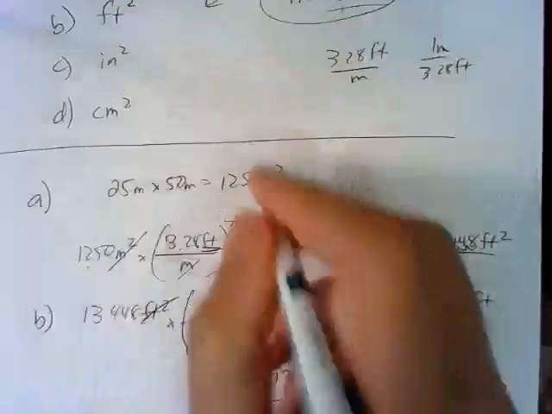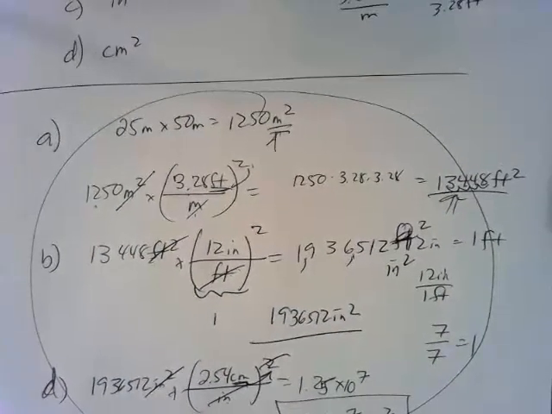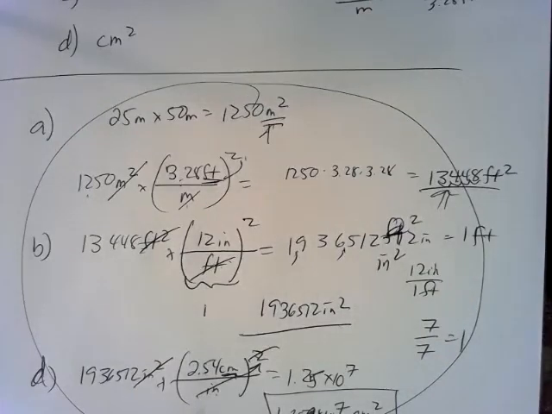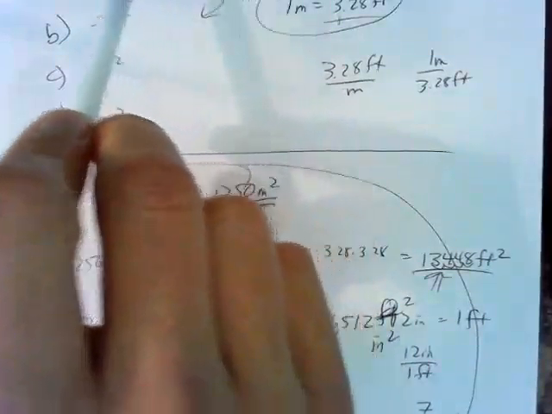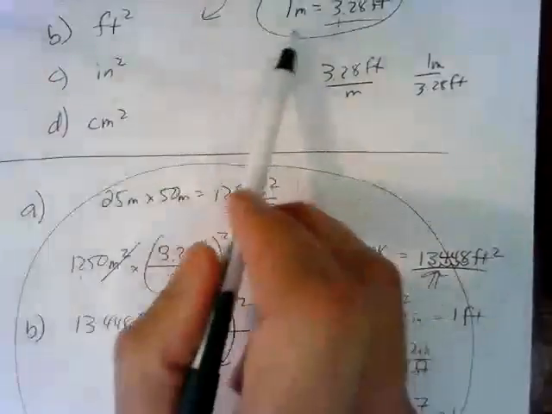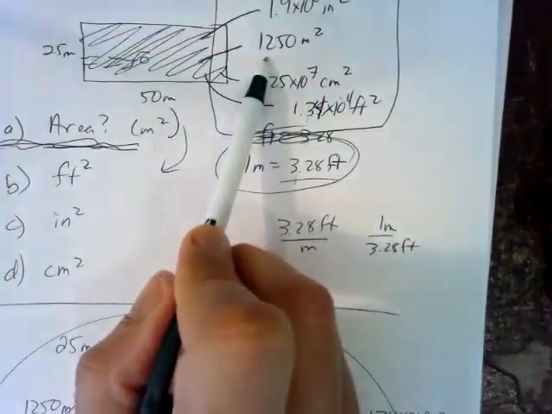Okay. Coming back to this problem, I want to show how we can string conversions together. So if we wanted to convert from 1,250 meters squared through all of these different conversions, we can now also start writing them in a way that's going to make it a lot faster for solving problems on exams.